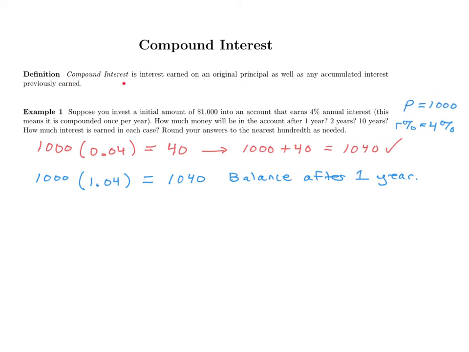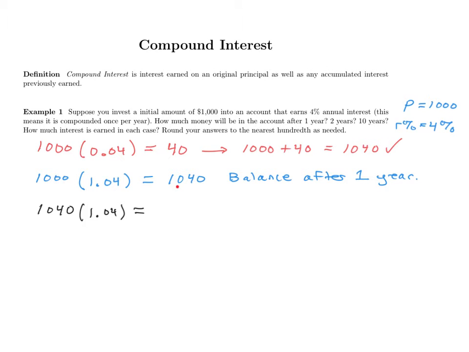Going back to the definition of compound interest, that's what it means to say we apply the interest to any accumulated interest previously earned. So you're not just earning 4% off of 1,000, but you're earning 4% off of $1,040. So for the second year, you're going to take 1.04, but you're going to multiply it to 1,040, which is the balance after the next year.